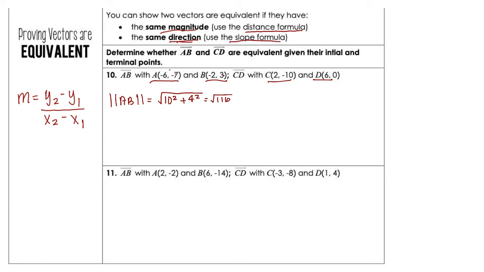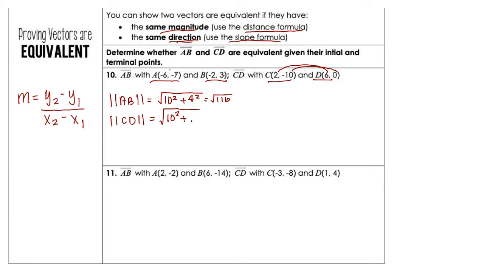Now let's look at the magnitude of CD. And the same thing, square root here. So we're going to say 0 minus negative 10. So that's going to be 10 squared plus 6 minus 2.